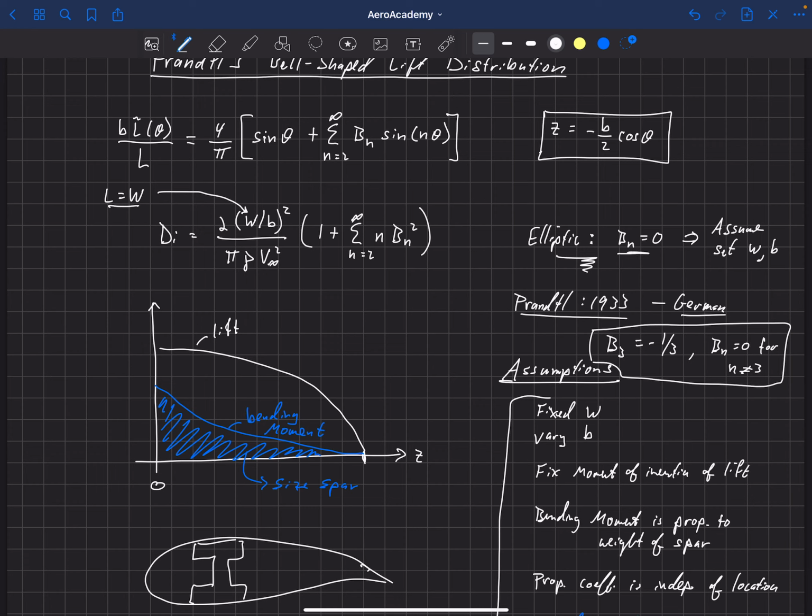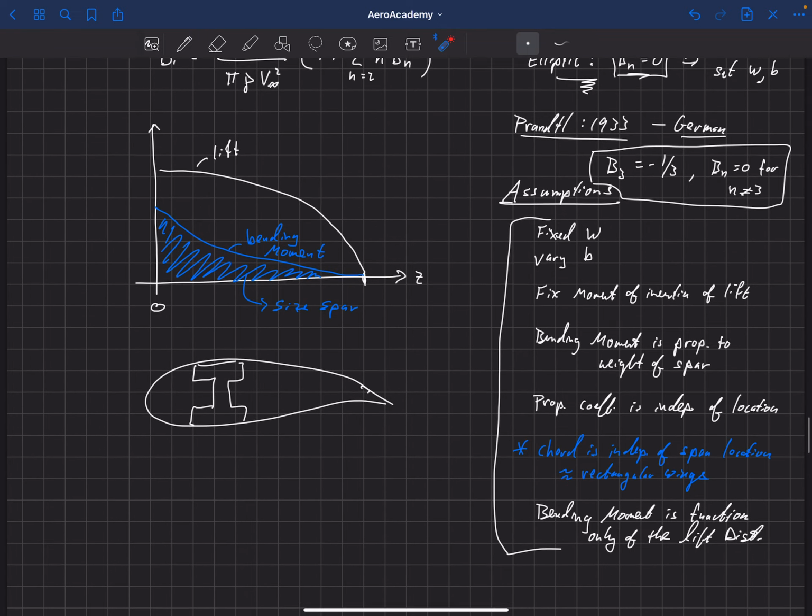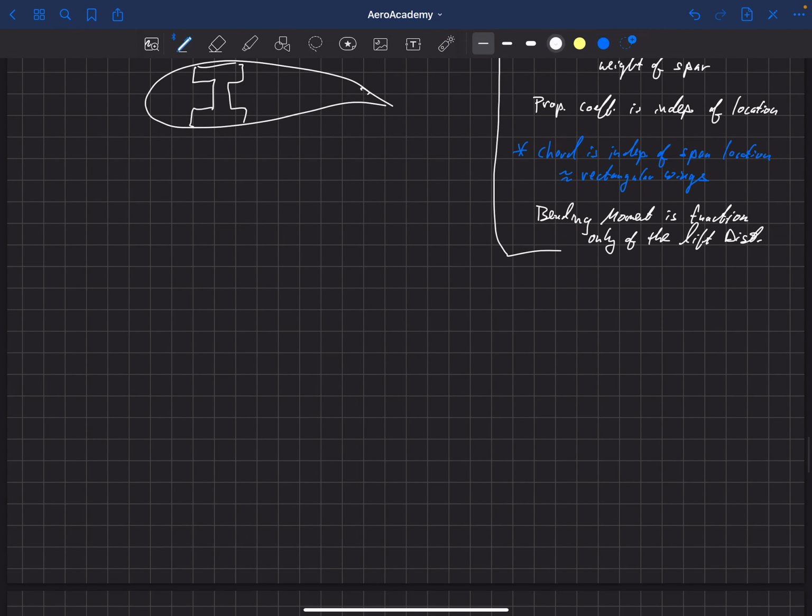You could plug this into the equation up here and figure out what the lift distribution is. If B3 equals minus 1/3, then what we get is 4 over pi times sine of theta minus 1/3 times the sine of 3 theta. Let's write that down as this other optimum lift distribution, which we call the bell-shaped lift distribution.